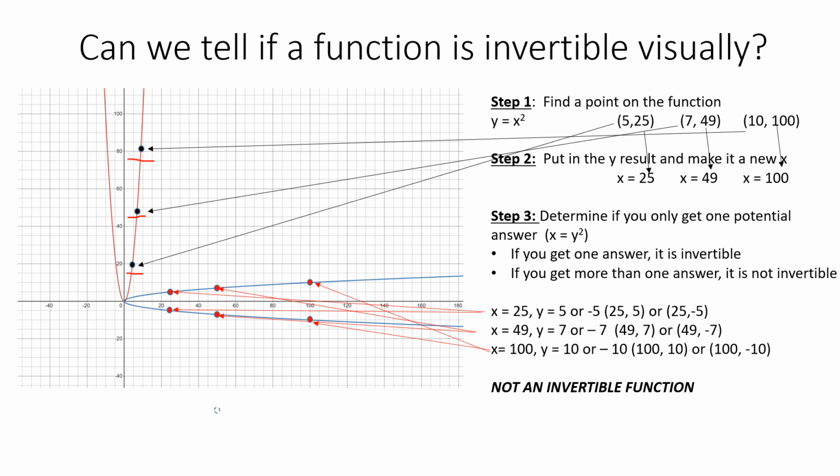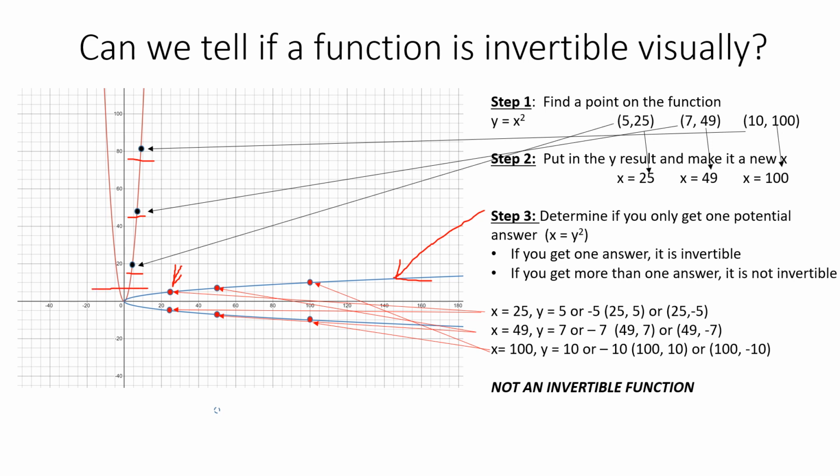Now, if I put in the y result to make the new x, it looks like this right here. Not only does that pass the vertical line test, when I put in 5 for y, sorry, 5 for x, excuse me.